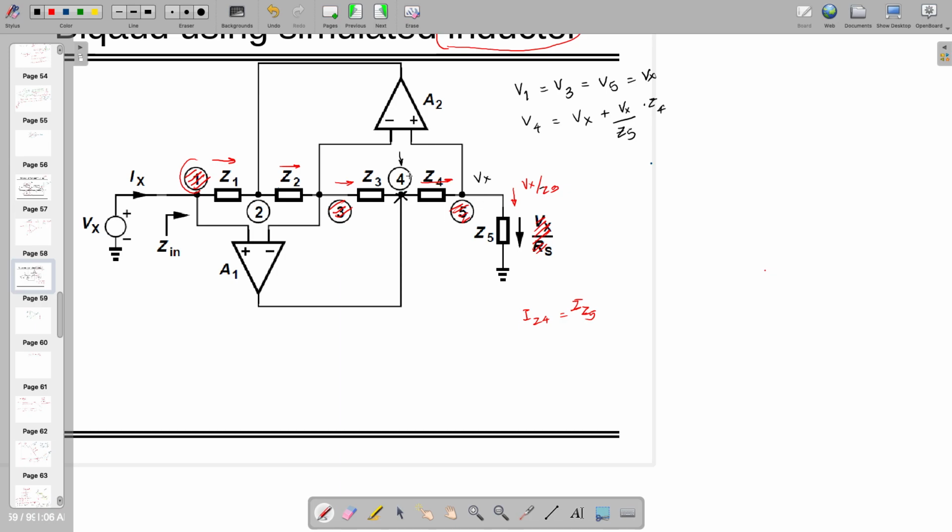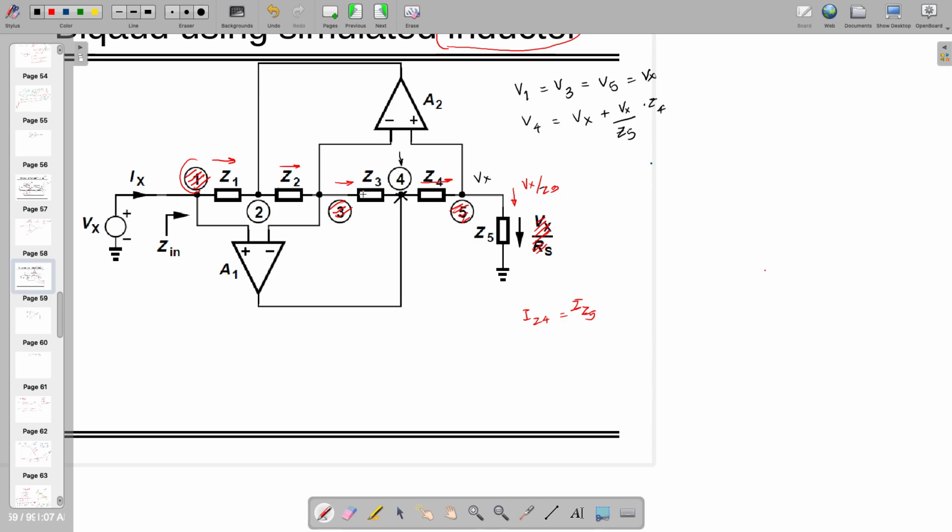I know what is the voltage V4 and I know what is the current flowing through Z4 and Z5. In an op amp there is no current flowing in, but this op amp can give the current, right? So because of that there will be a different current than what is here.